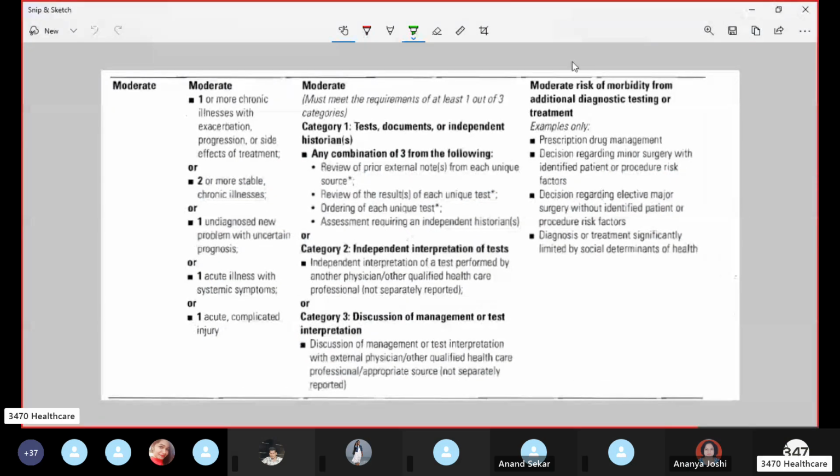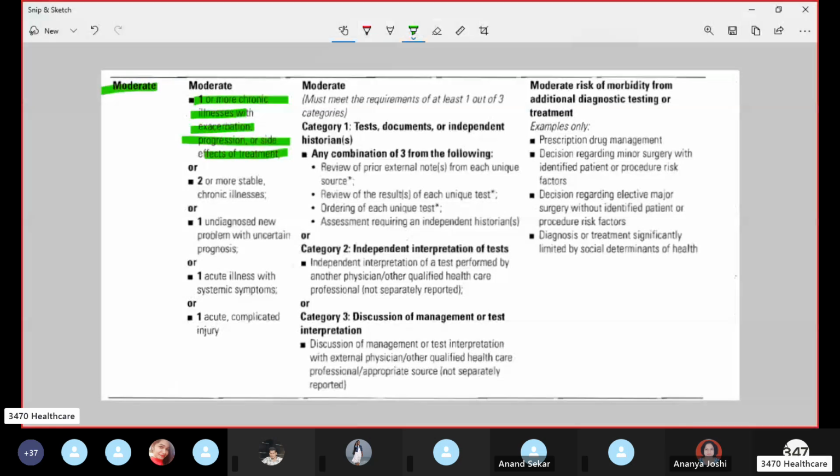Under moderate, first table, A table: one or more chronic illness with exacerbation. Chronic illness table means what is the MDM? Low. So, low.